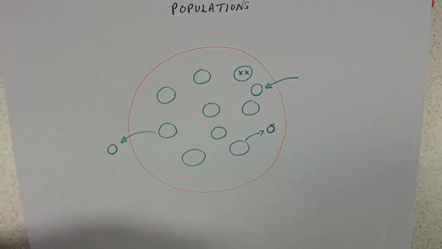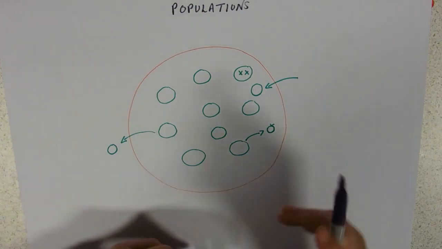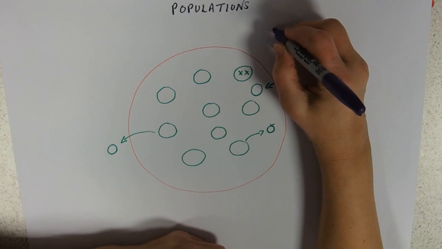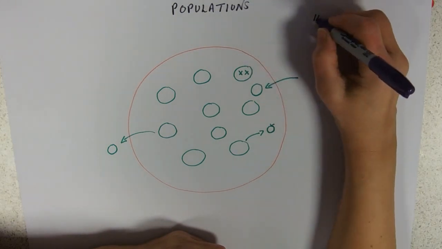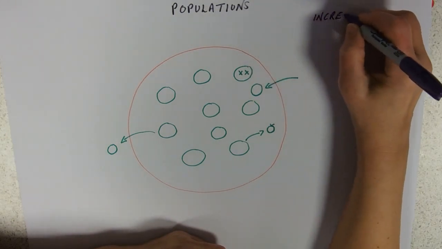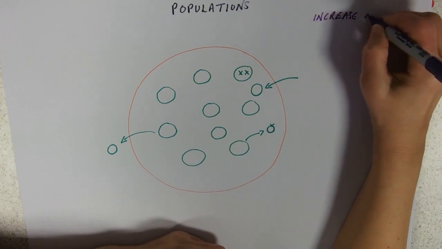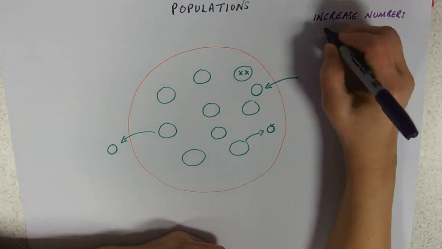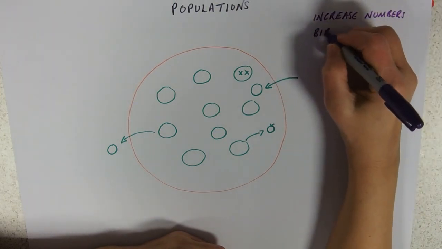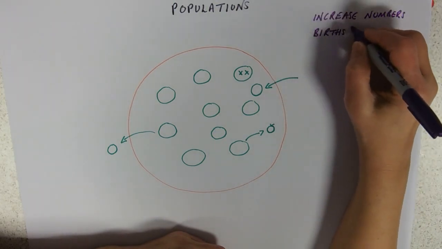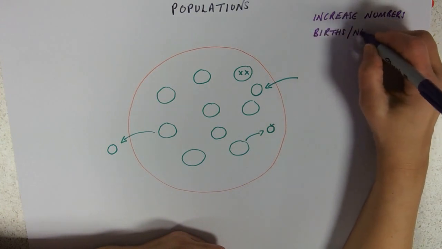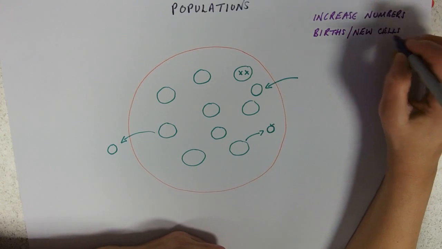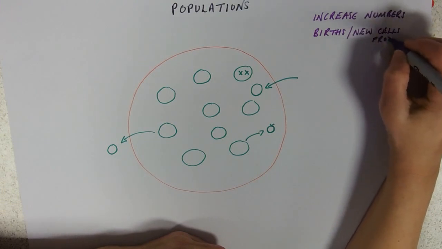So, population size depends on things that increase population. We've got births. Or of course we could be talking about something unicellular, so we could be talking about new cells produced.